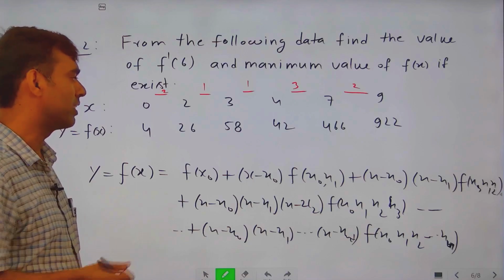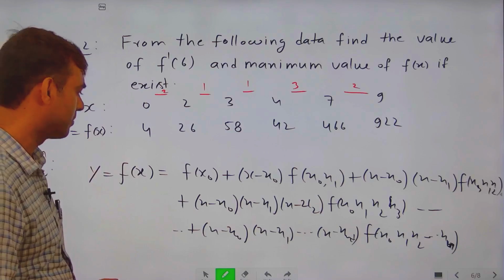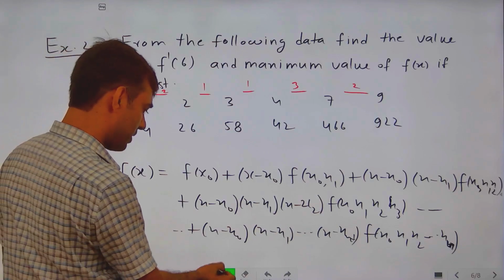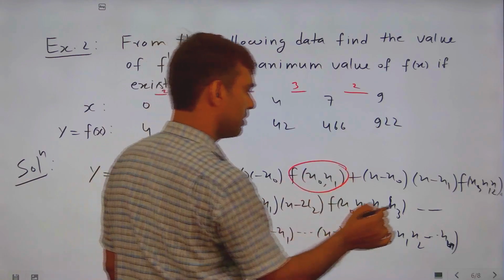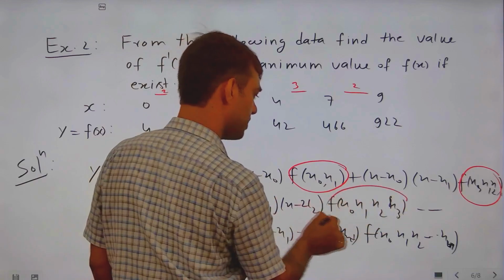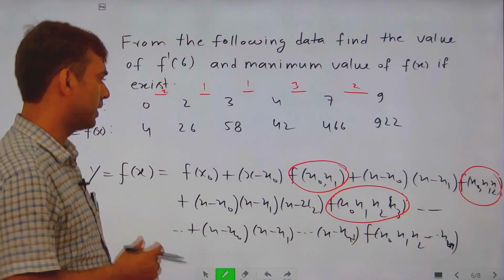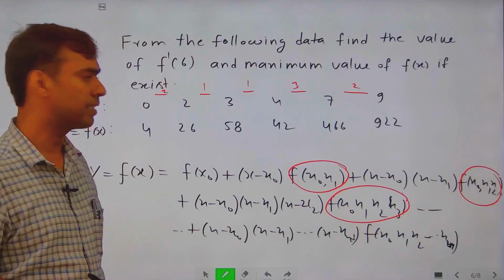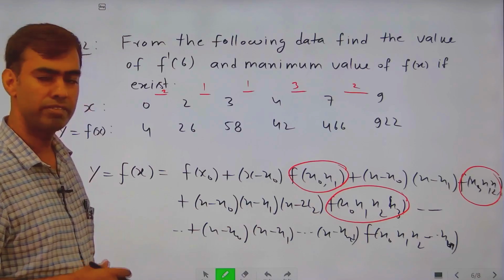This one is the first order divided difference, this one is the second order, this one is the third order, and this one is the nth order divided difference. To find the first, second, third and nth order divided differences, we need a divided difference table.